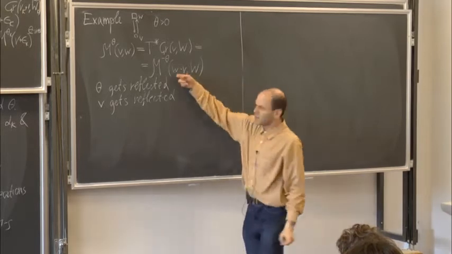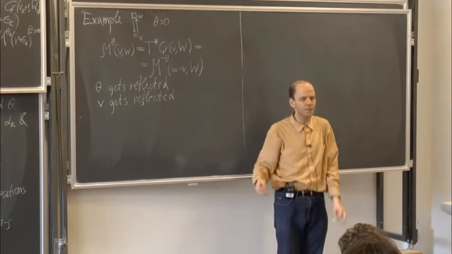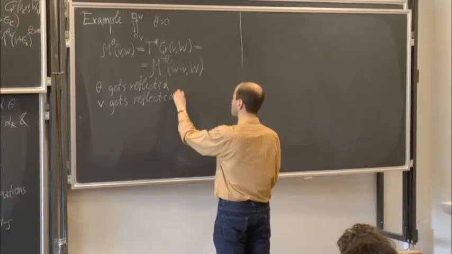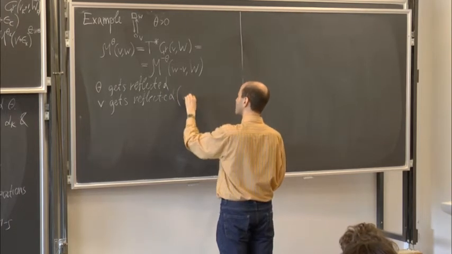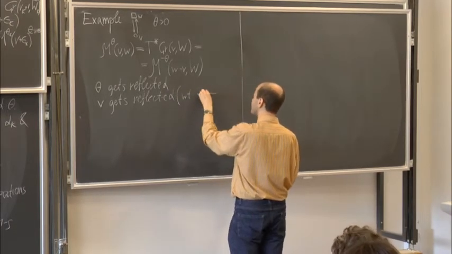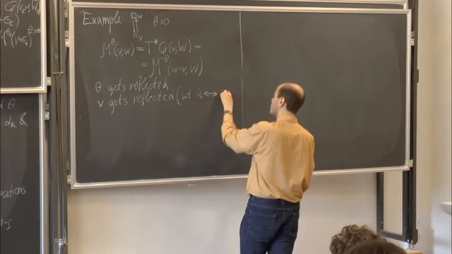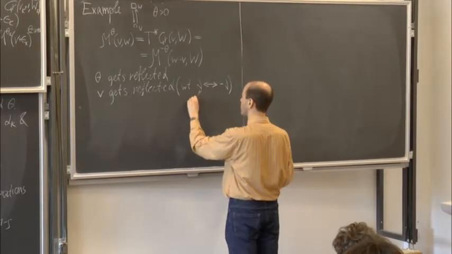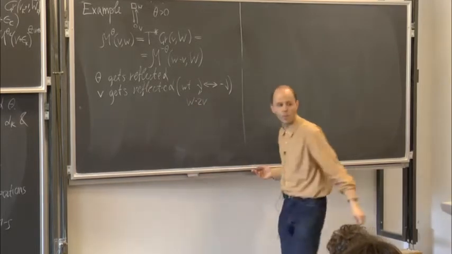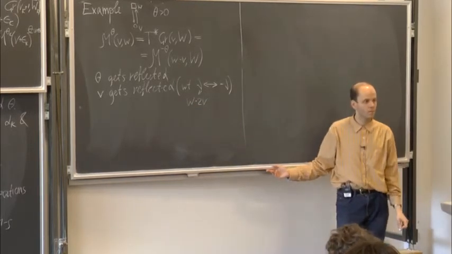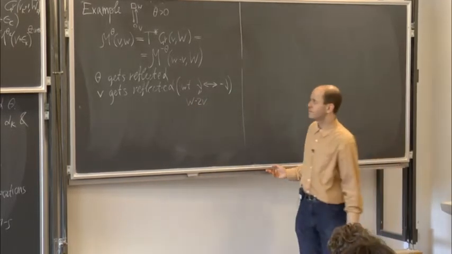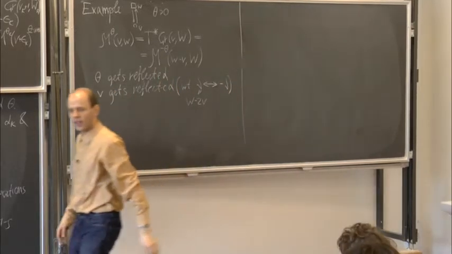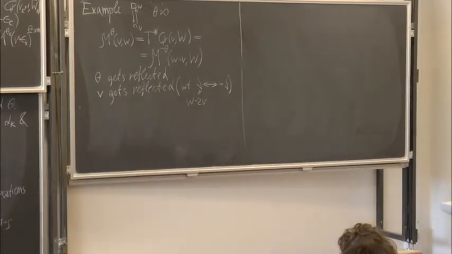You will tell me that that's not a reflection, but if you look at the corresponding weights, then on the weights, this just interchanges nu and negative nu. And nu, in this case, is just W minus 2V. Okay? So that's an example of the action by isomorphisms that I have in mind. And the Weyl group here obviously is just Z2.